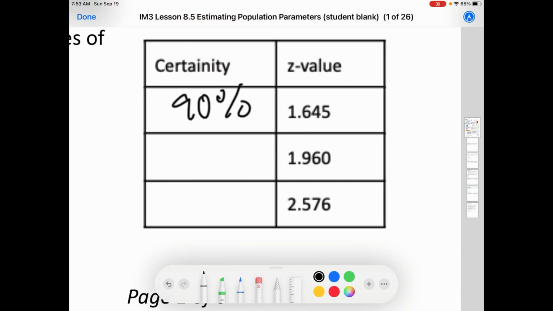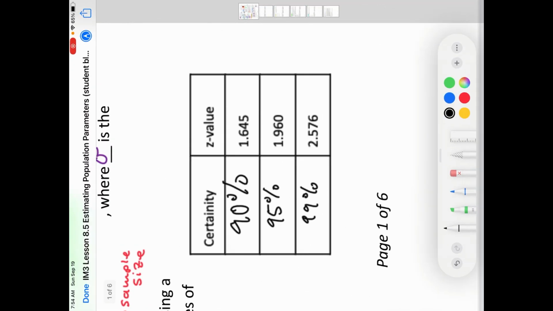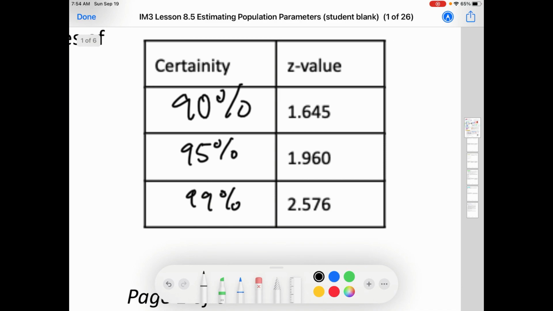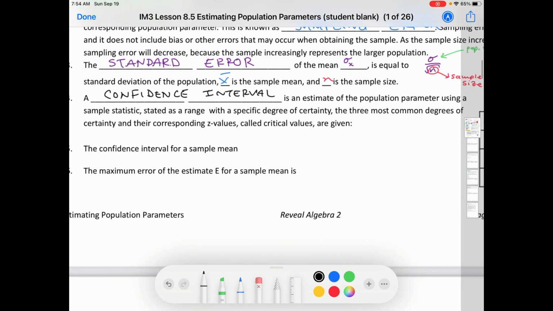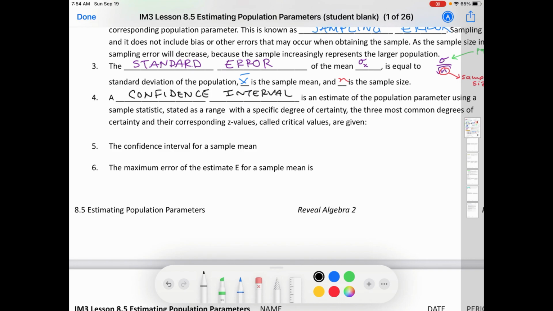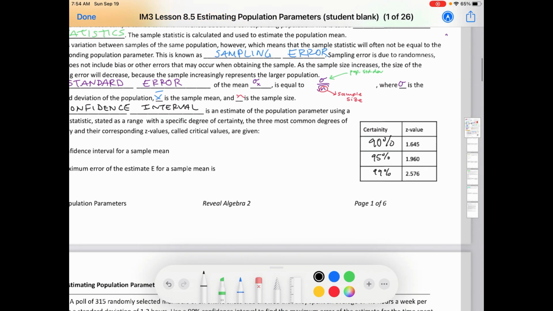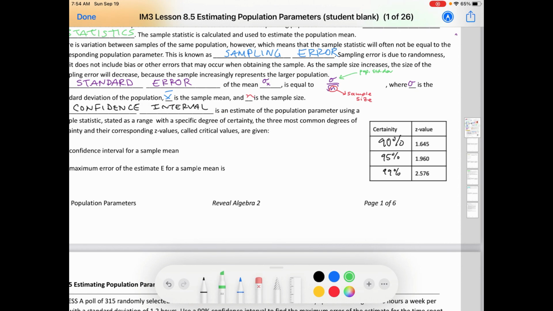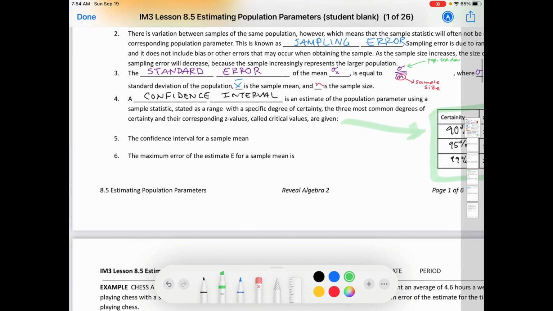If you actually look up 0.90 on our table from our previous lessons, you'll get the number 1.645. We also have 95% with a z-value of 1.960, and 99% certainty has a z-score of 2.576. Let's use the highlighter going over here. These are the values we're going to use.